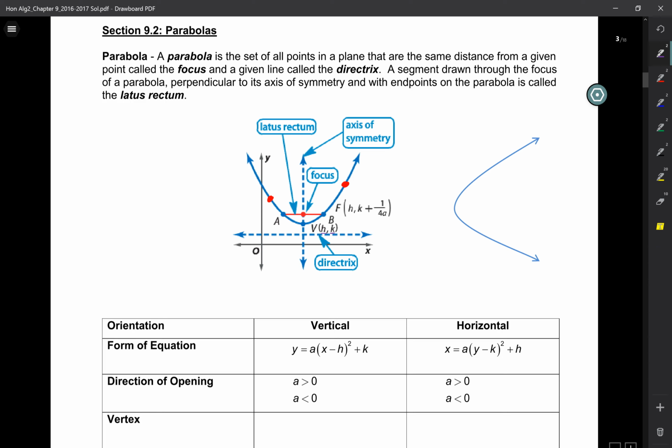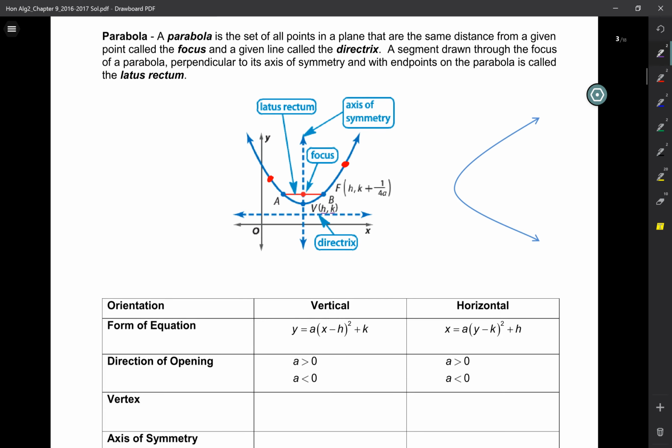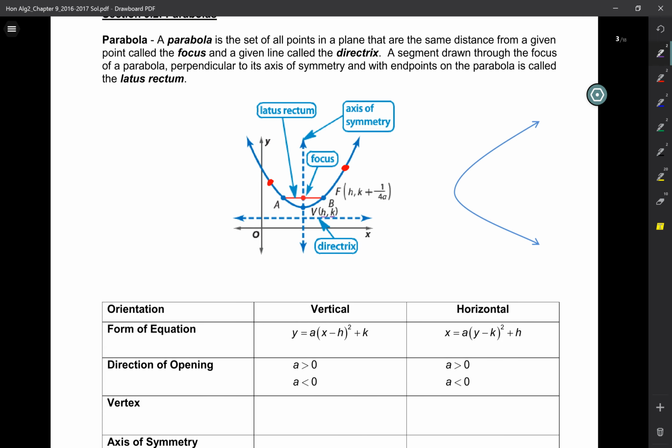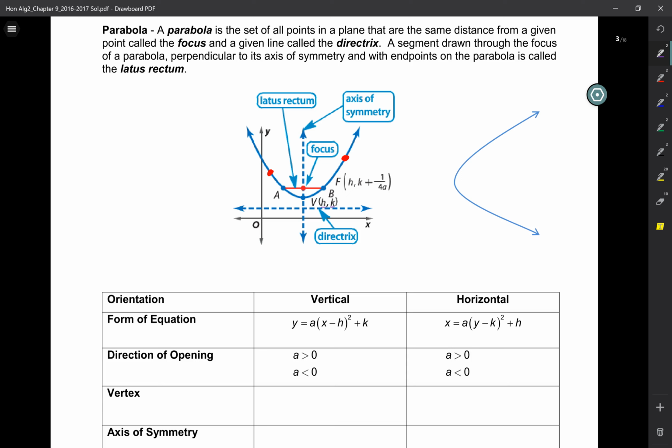It's (h, k plus something). So what is a? Remember, we always said a tells you how wide or narrow the parabola is, right? So k plus 1 over 4a is how much you have to go up for the focus.